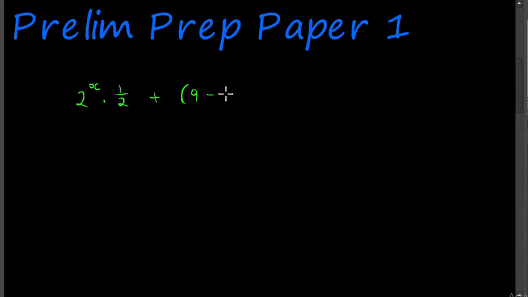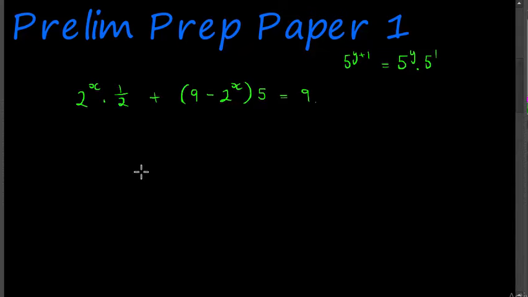This 25 is as a result of the 5 to the power of 2, but this should just be 5 to the power of 1, because that should have been 5y plus 1. That was changed to 5y times 5 to the power of 1, and this is equal to 9.